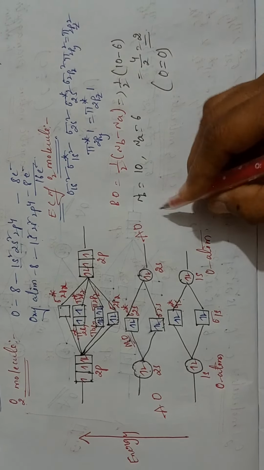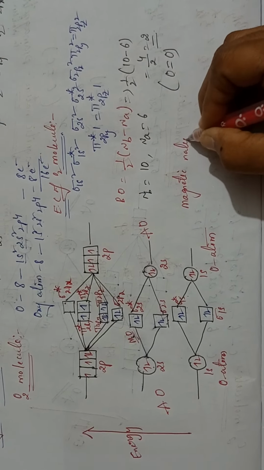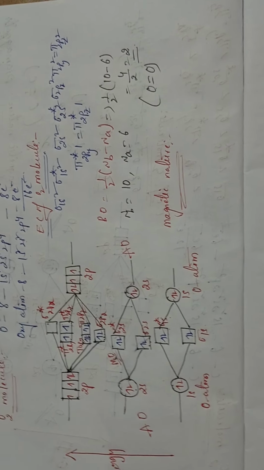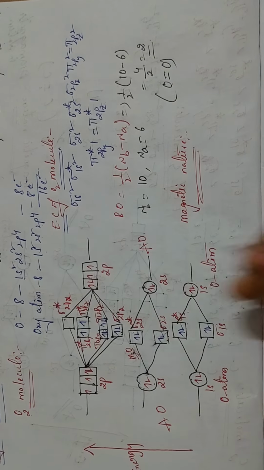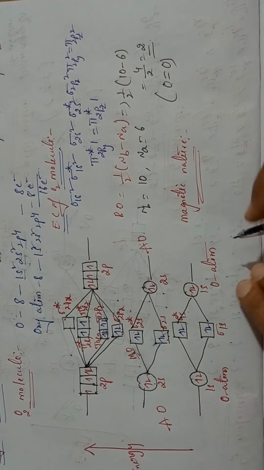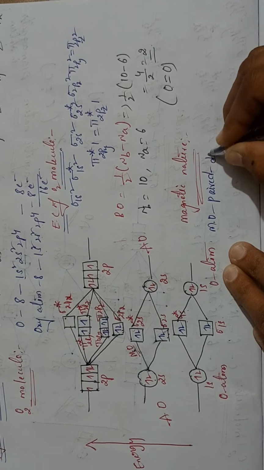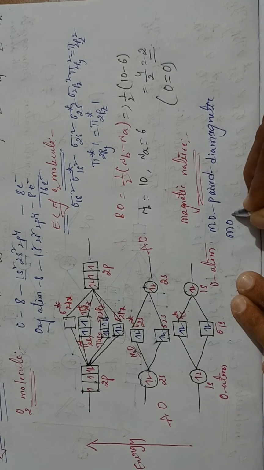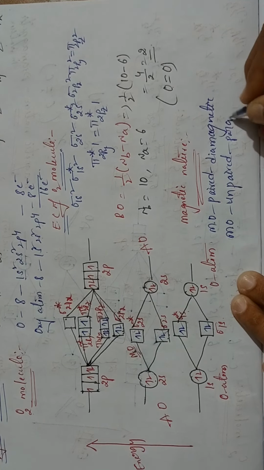Now coming to the magnetic nature. How to tell the magnetic nature? If the molecular orbitals are paired, then it is diamagnetic. If molecular orbitals are unpaired, that is paramagnetic.